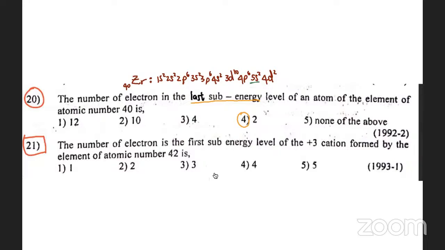Anyone has the 1993 paper? There's no point discussing the first sub-energy level. Make it last sub-energy level, okay? Because the first sub-energy level for everything is 1s2, no? Let's change it to last, okay?